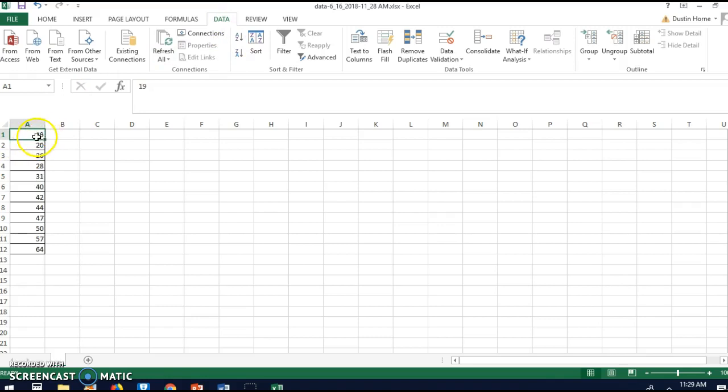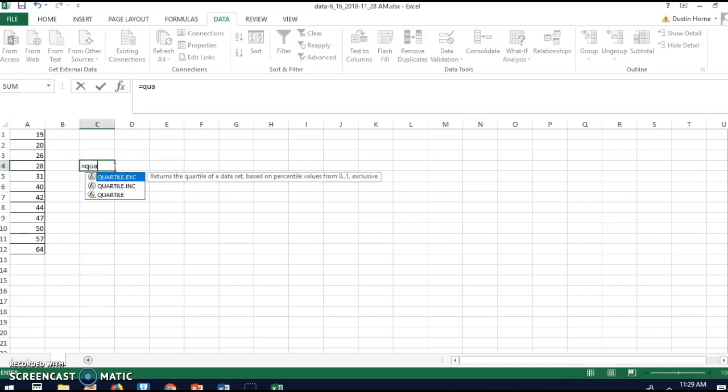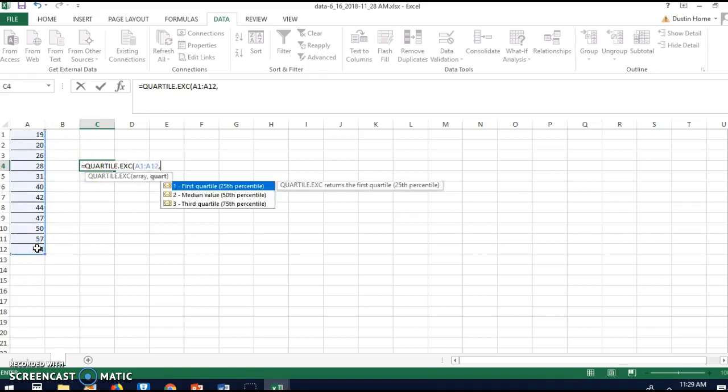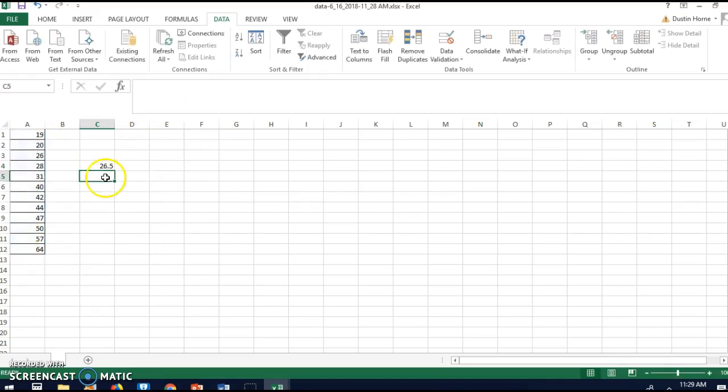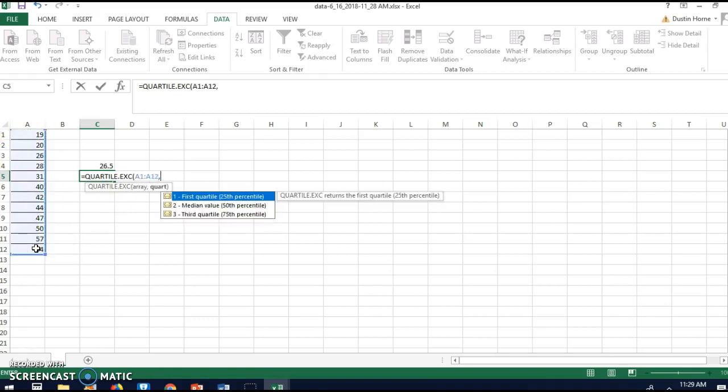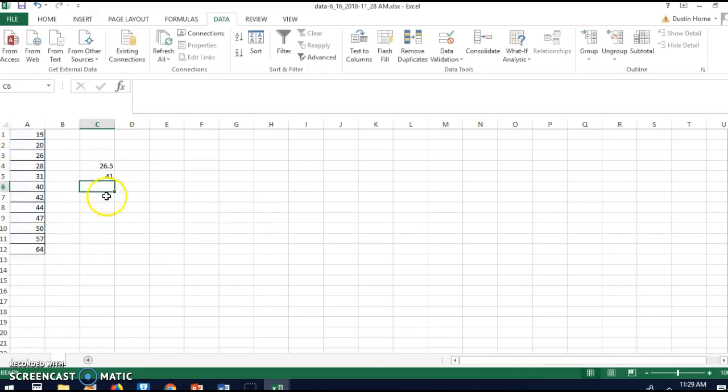So your minimum value is 19, your maximum value is 64, and then you would do your quartiles. So you would highlight, comma 1, and then highlight, number.